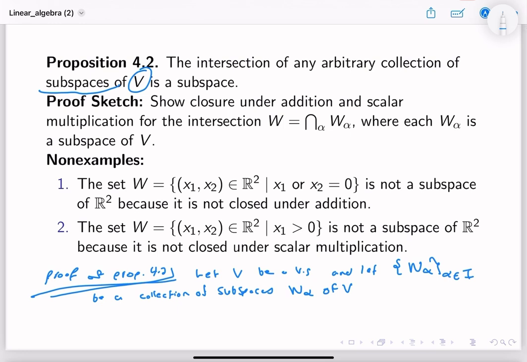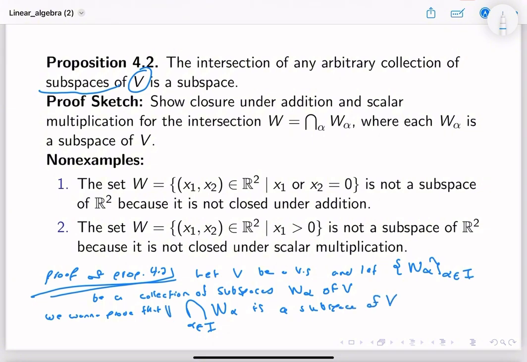We're indexing the omega alphas by alpha, whatever. So we want to prove that the intersection of omega sub alpha as alpha runs over I is a subspace of V. How nice, right?